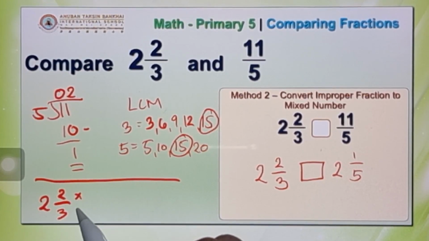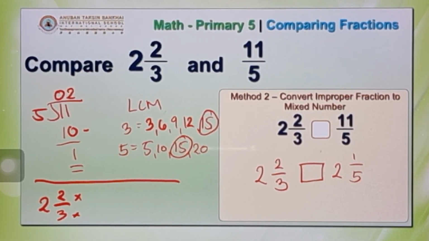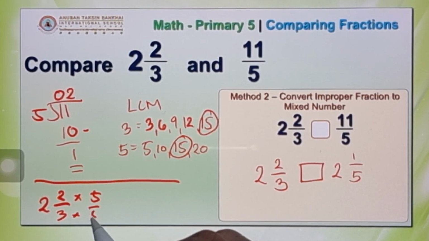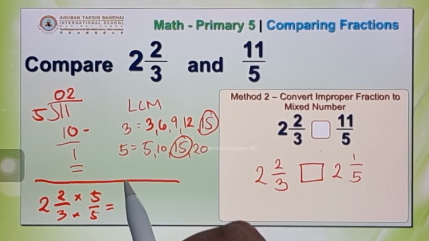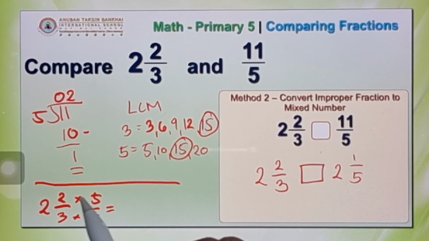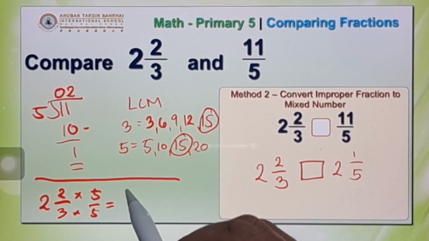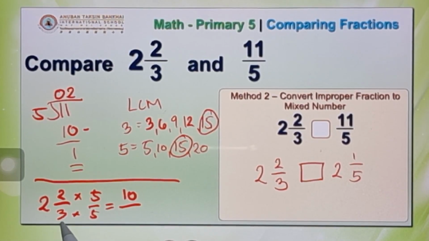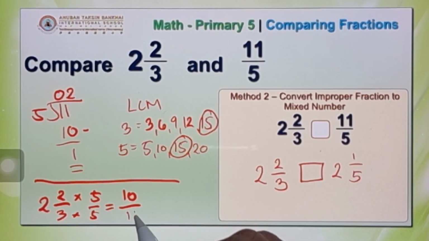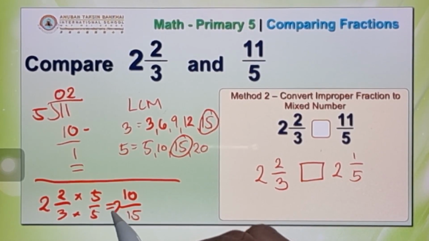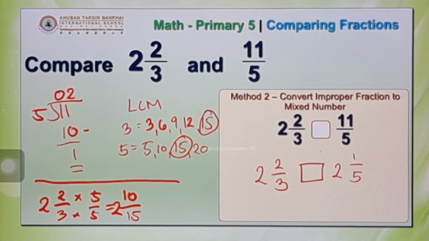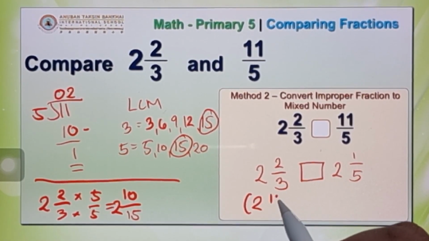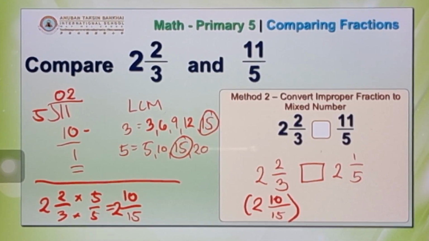So let's have it here, 2 and 2 over 3. Let's multiply this by what? Let's multiply this by 5. So 2 times 5, we have 10. And then we have 5 times 3, we have 15. We just simply copy now our whole number. So this will be 2 and 10 over 15.